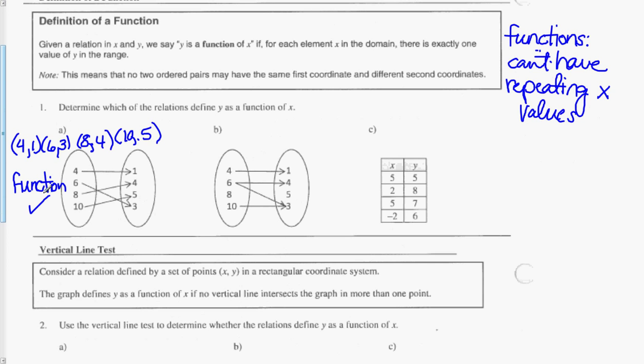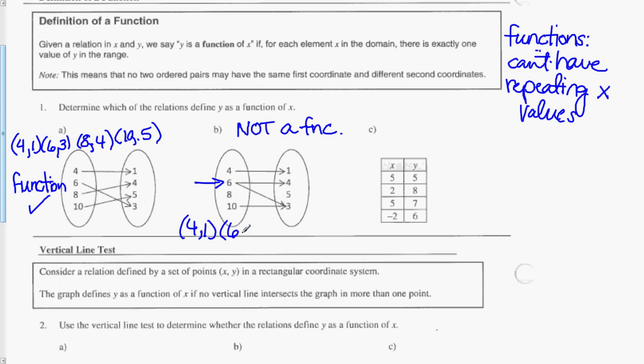Okay, look at B. Under B, look at the number 6. The number 6 has 2 arrows coming out from it. If I've got a picture with 2 arrows coming out from the x side, then this one would not be a function. I'm going to abbreviate function FNC. If I'm listing ordered pairs, I'd have 4, 1 again.